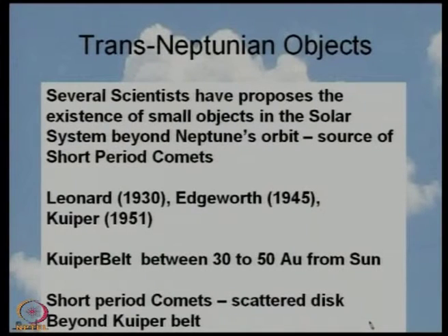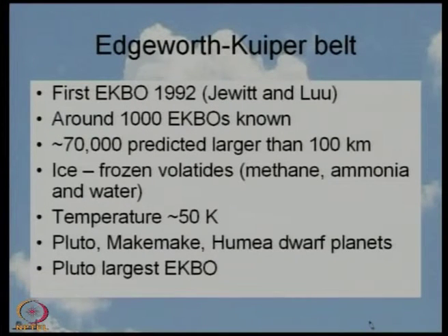Now, these proposals were made, as you saw, in 1930, in 1950. After that, people tried looking for such objects, but the distance being so large, 30 astronomical units, it is very hard to detect objects over there. And there was no object found which could possibly be a Kuiper belt object until 1992.